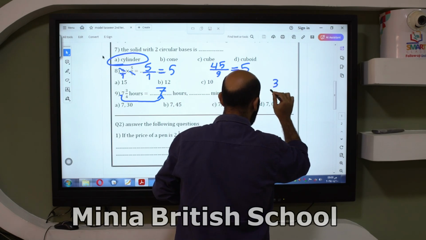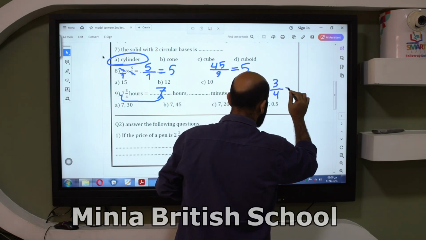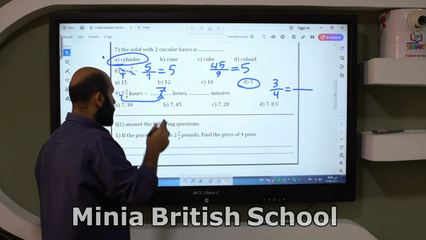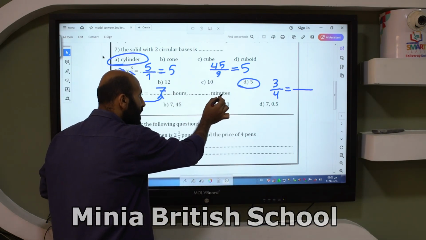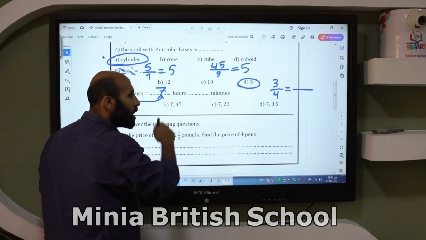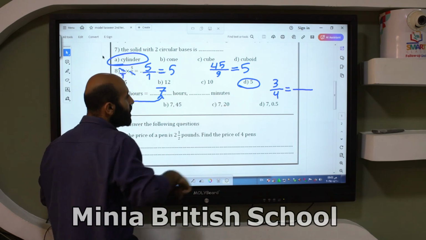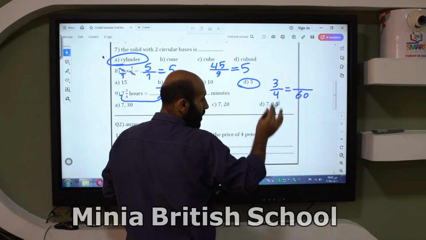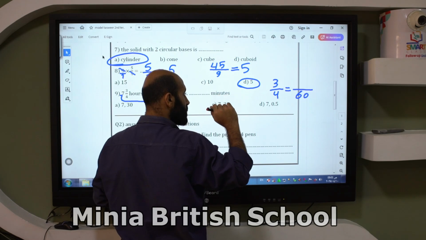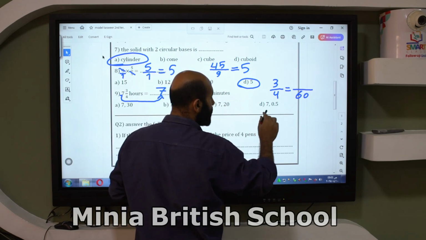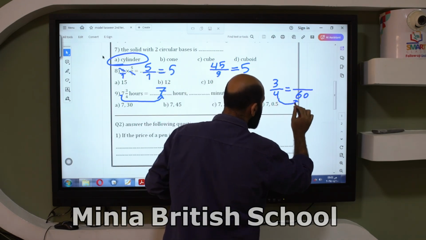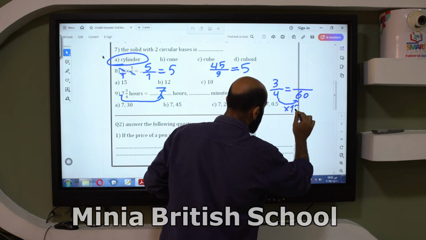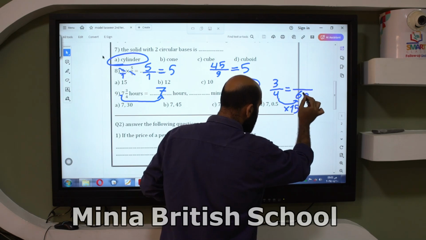I have 3/4 equals. Ask yourself, how many minutes are inside 1 hour? I think you all get it right, it equals 60. 4 times what gives me 60? That's right, times 15. 4 times 15 gives me 60.